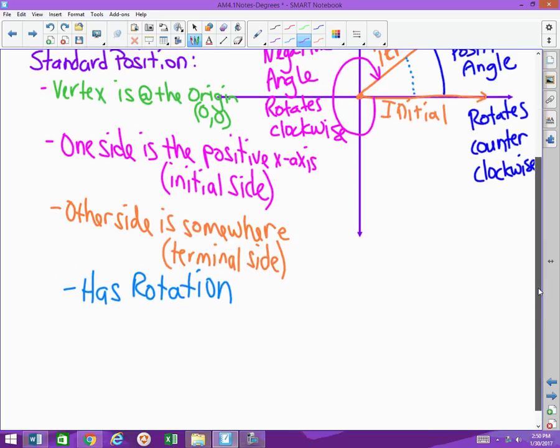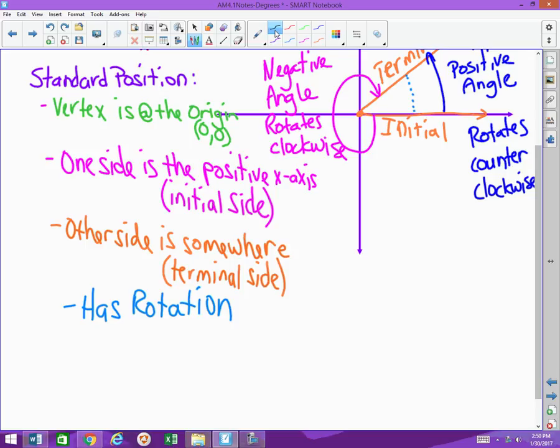Now, some terms you should remember from your days in geometry would be an acute angle, which is greater than 0 and smaller than a right angle, or 90 degrees if you're talking in degrees.